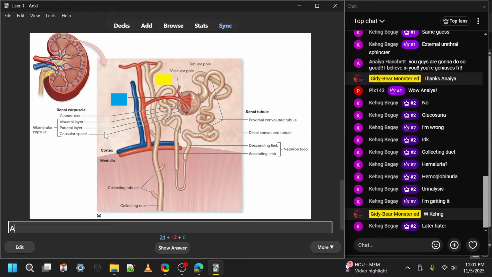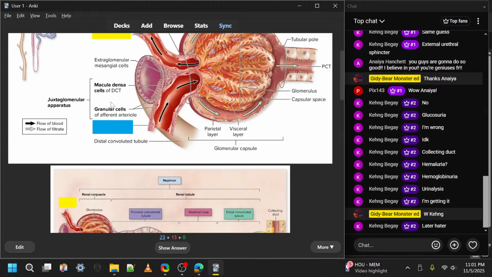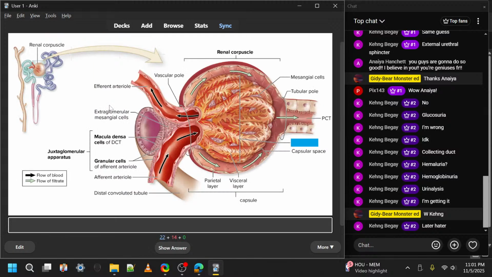Blue is afferent arteriole. Efferent arteriole. Efferent arteriole. This is the glomerulus.